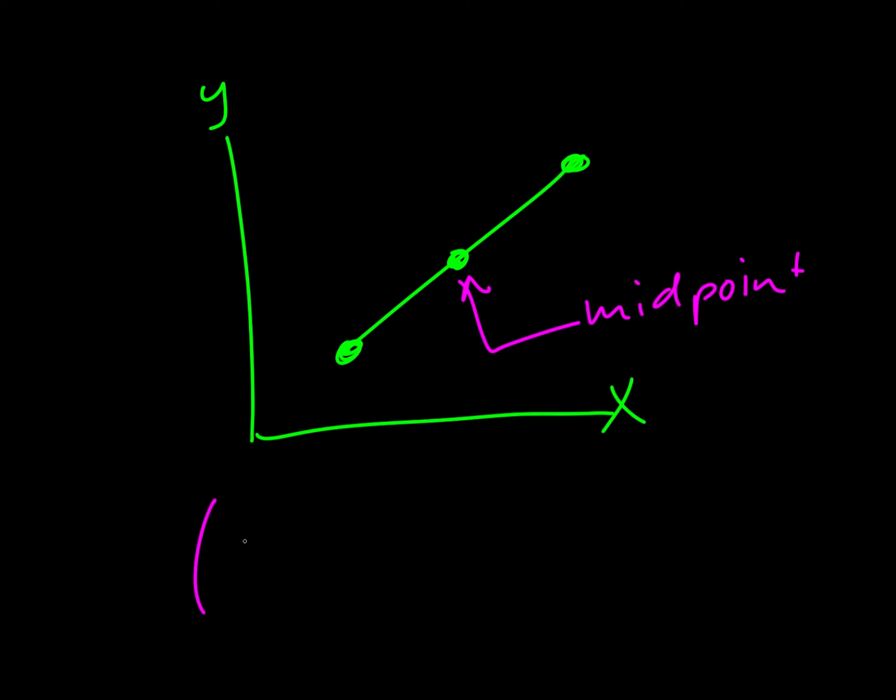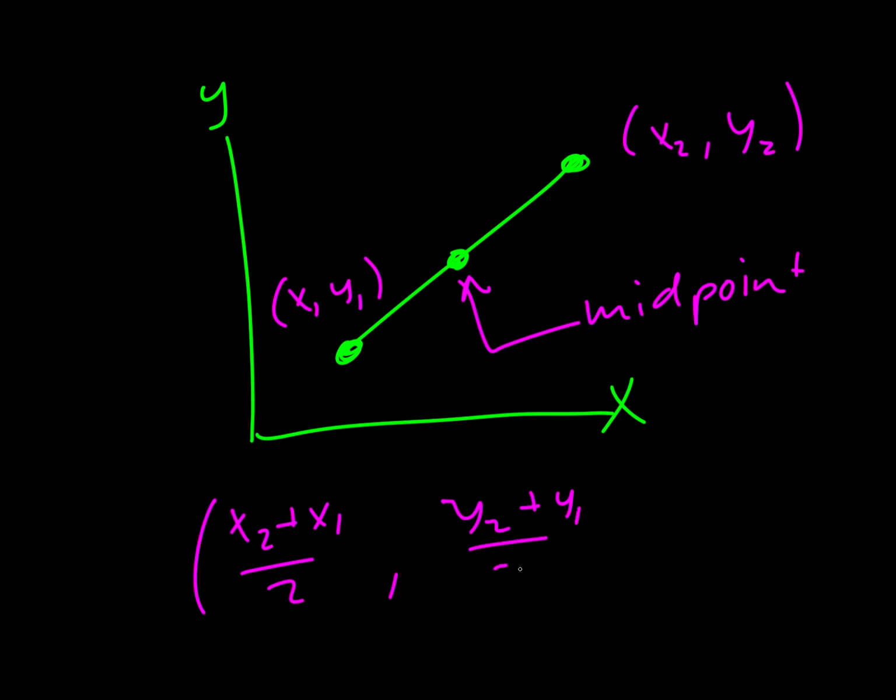If this is x1, y1, and this is x2, y2, we just say x2 plus x1 over 2, and then y2 plus y1 over 2. Hopefully that's a review. That's just the midpoint formula.